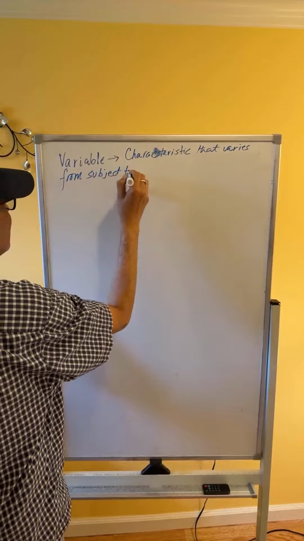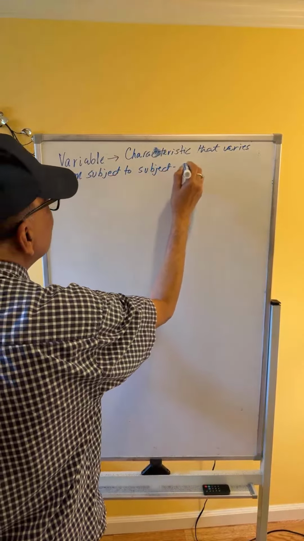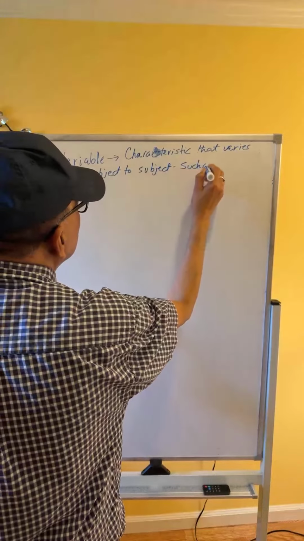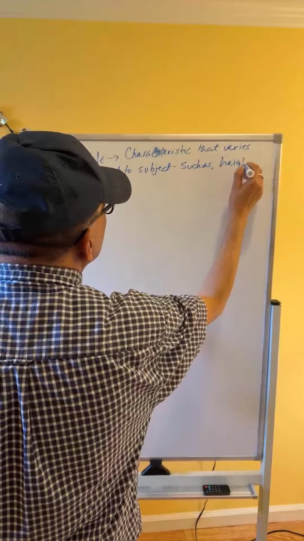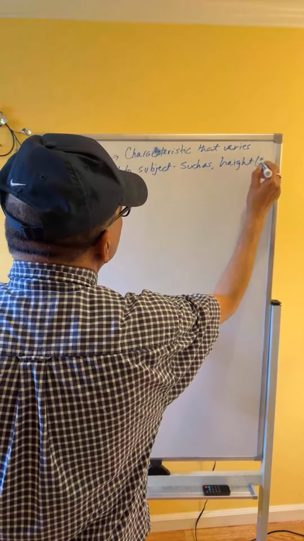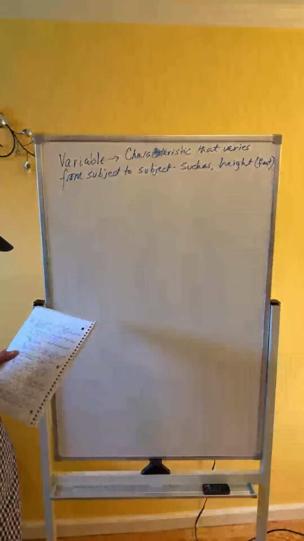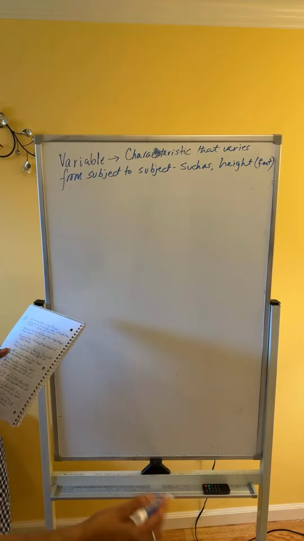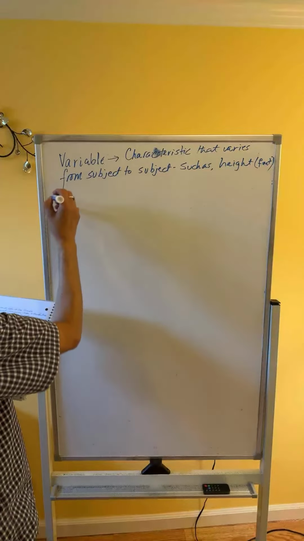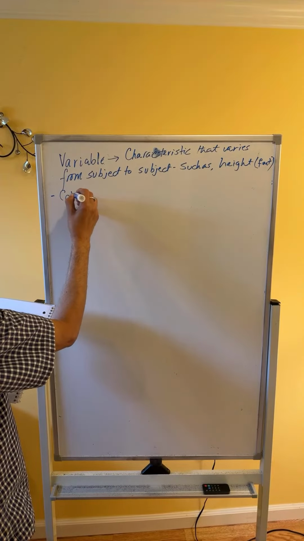Such as a person's height, height in feet. So we can have a numerical variable or a categorical variable. Variables are of two types.